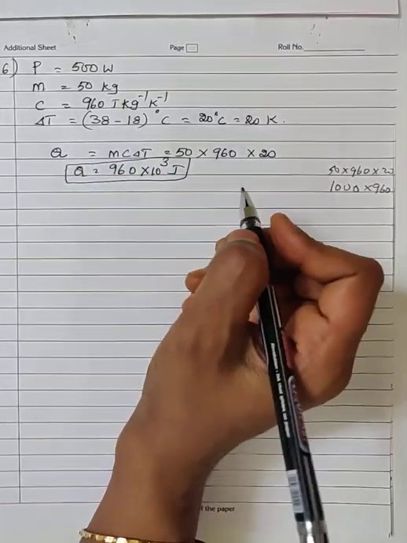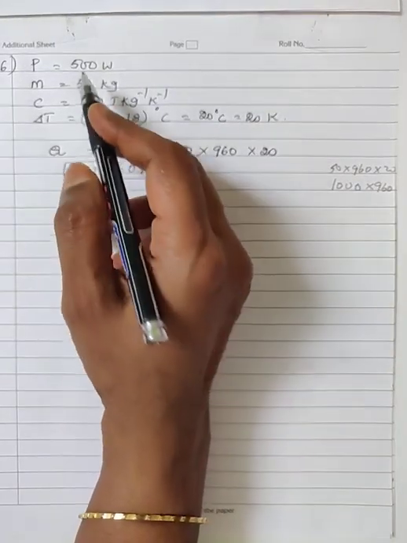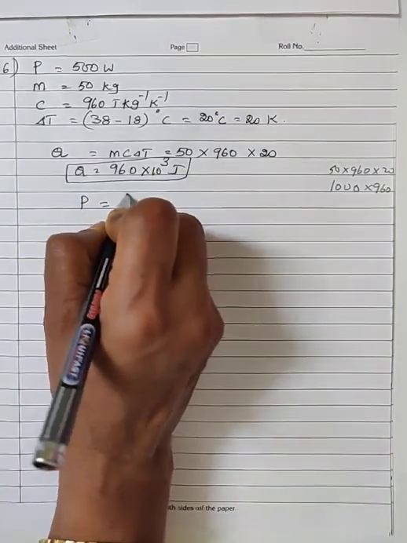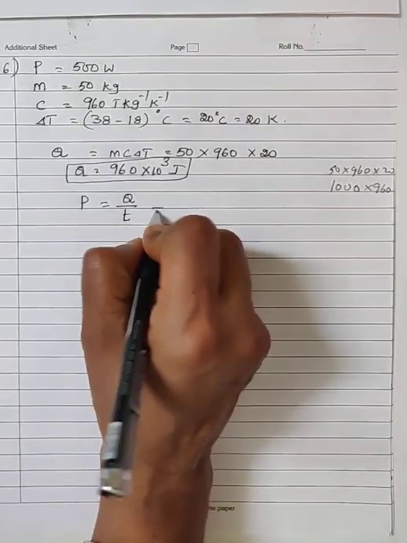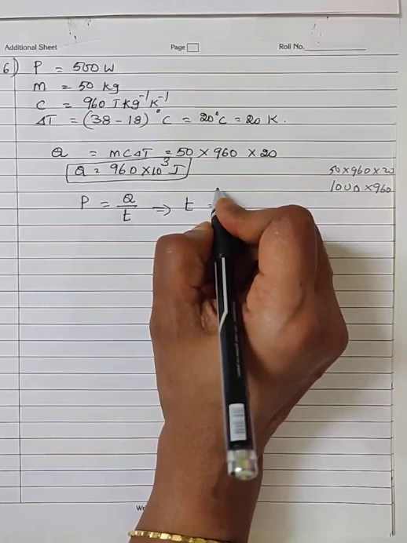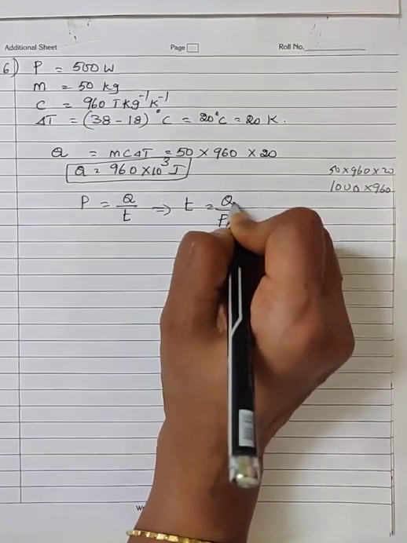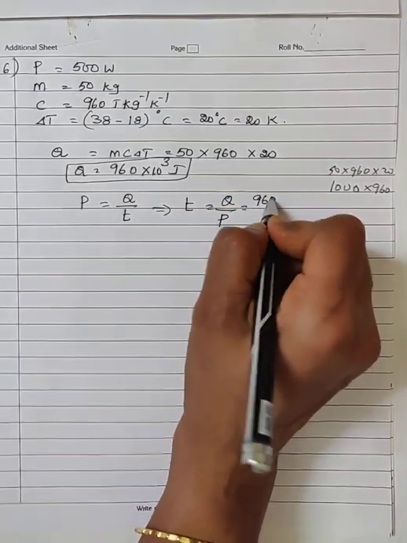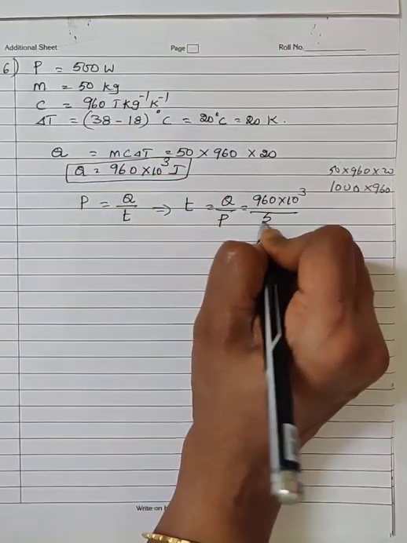But you are asked to calculate the time taken. We know the relation connecting energy, power and time. That is, power P is equal to energy Q by time. Here you are asked to calculate time T. So I can write the expression for time T as T is equal to Q by P, where Q represents energy, P represents power. Q is equal to 960 into 10 power 3 and power is given as 500.